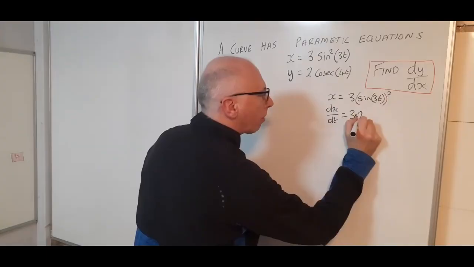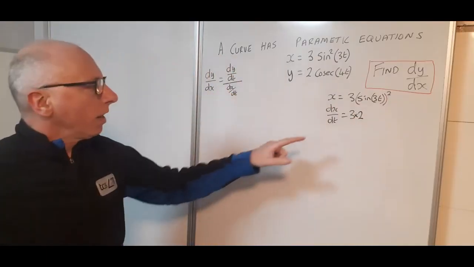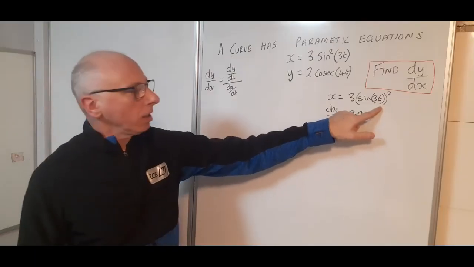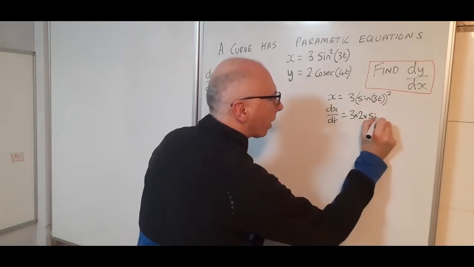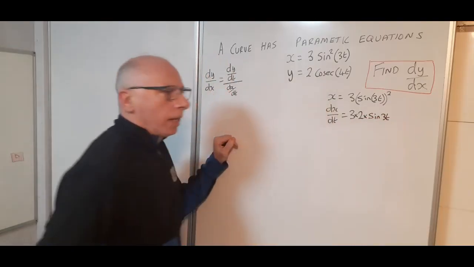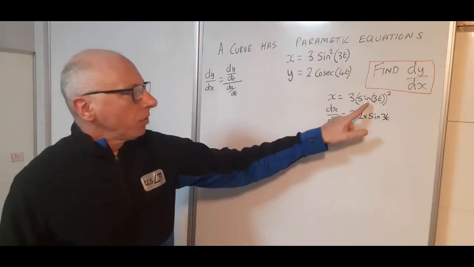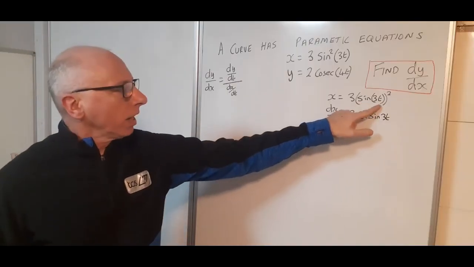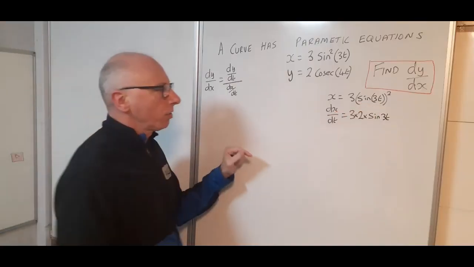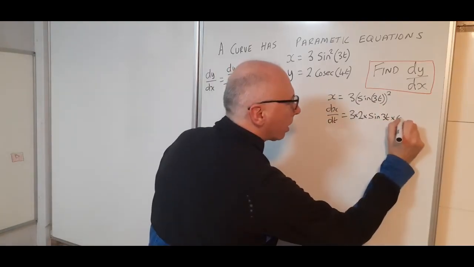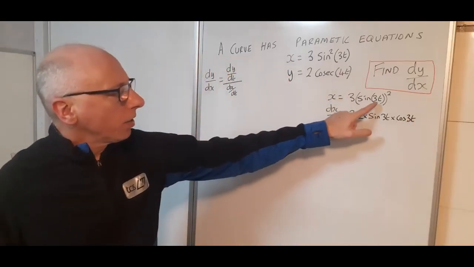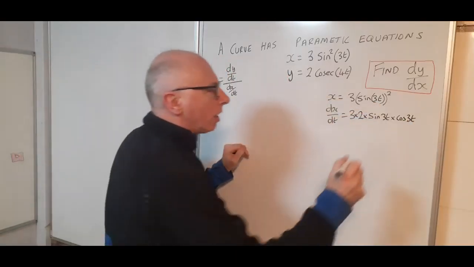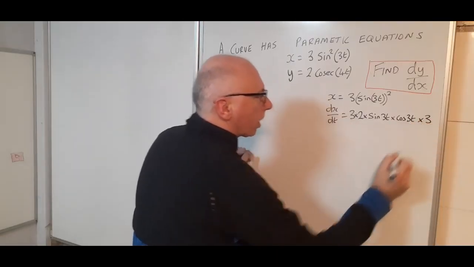And then I've got sine 3t with the power dropped by 1, so times sine 3t. Then I need to multiply by the derivative of what's inside this bracket, which is cosine 3t, since the derivative of sine is cosine. And then by the chain rule, I need to multiply by the derivative of 3t, which is just 3.